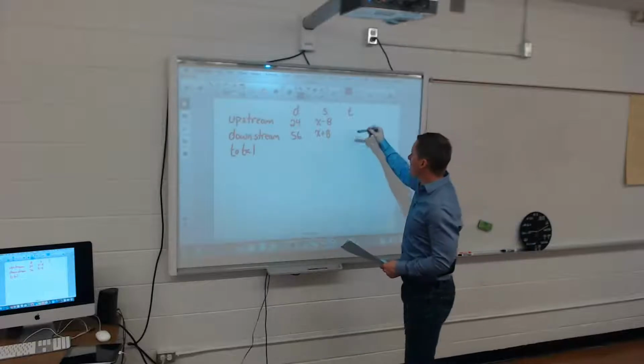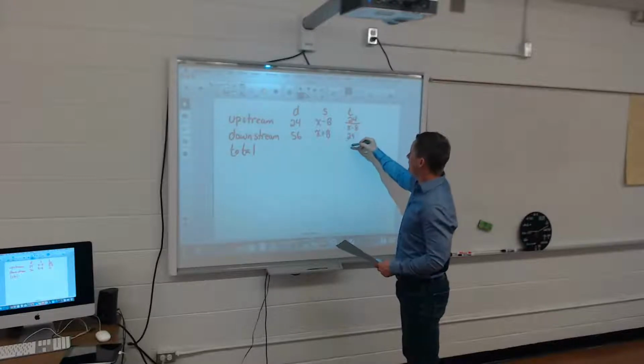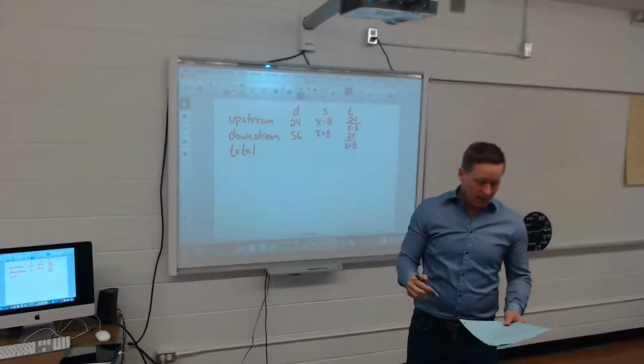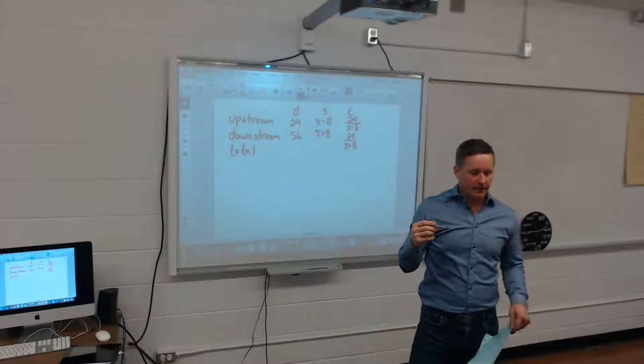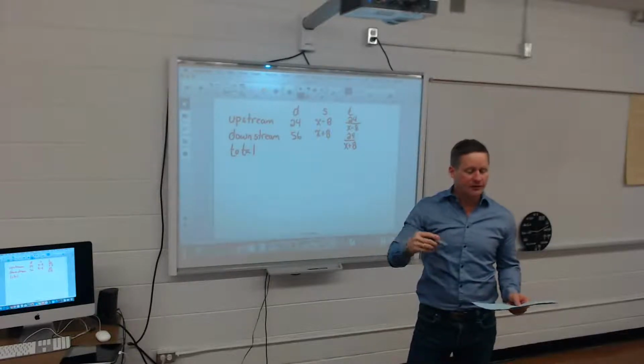So to get the time in each case, this one is 24 over x minus 8. This one is 24 over x plus 8. Now here's the catch in the whole question. It says they both leave at the same time and after a certain point.